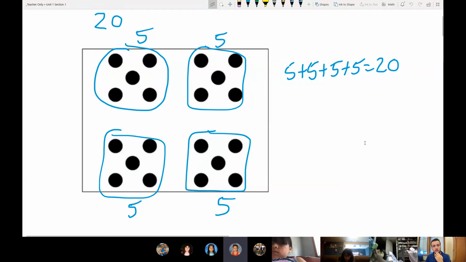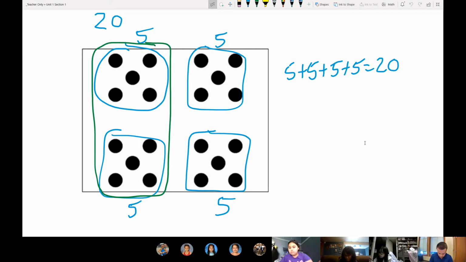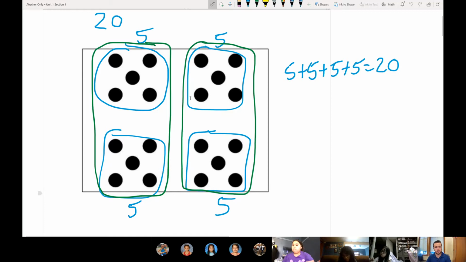I put them into 2 groups, 2 and 2. Wait. So did you group them like the left side together, the right side together, or the top together and the bottom together? The sides. And I did times. Okay, so she saw it like this. And you said you did times, so you multiplied? Yeah, I said 5.